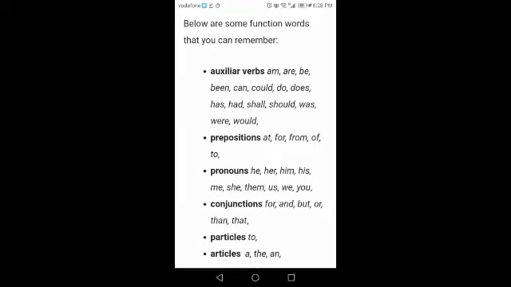Pronouns like he, her, him, his, me, she, them, us, we, you. Conjunctions like for, and, but, or, than, that. Articles like a, the, an.